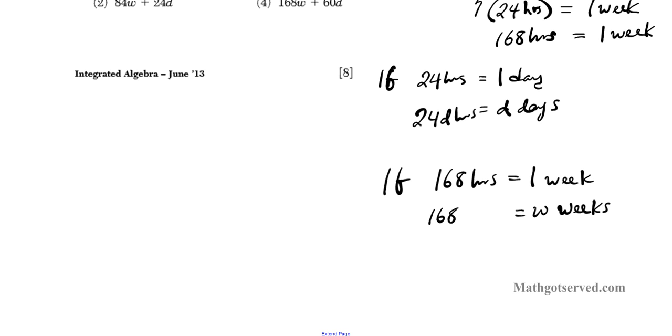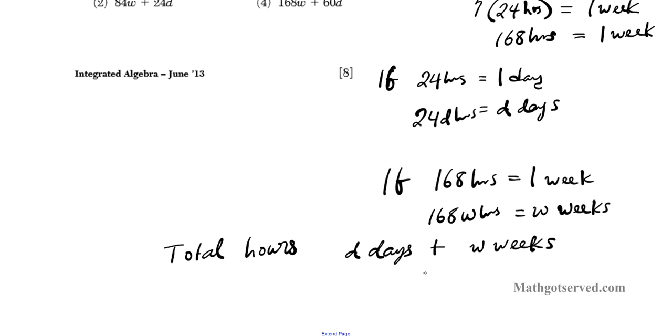So you have 168W hours in W weeks. So the total number of hours is simply going to be the sum of the D days plus the W weeks.